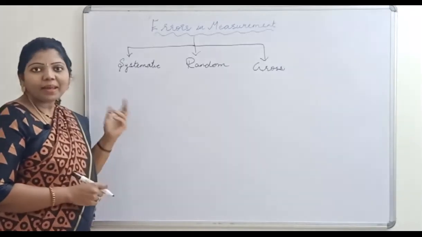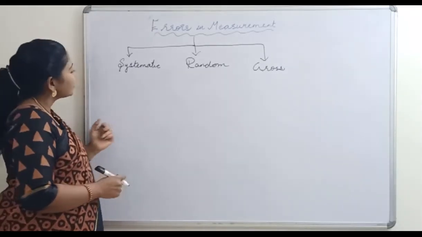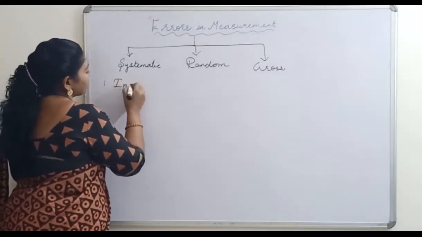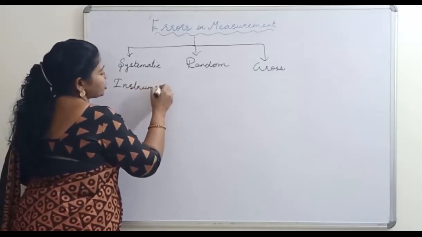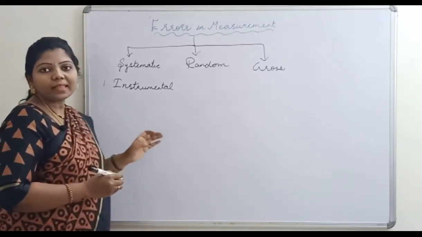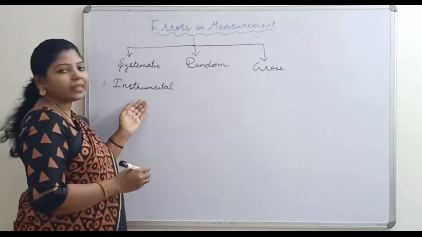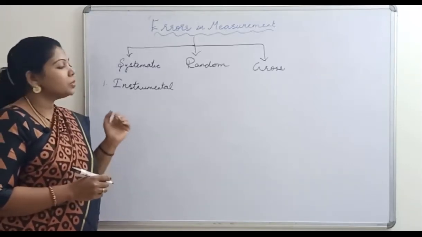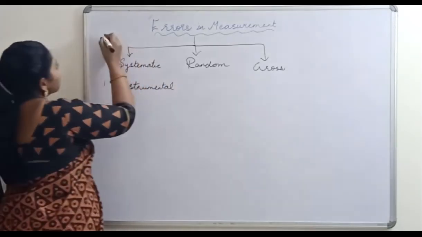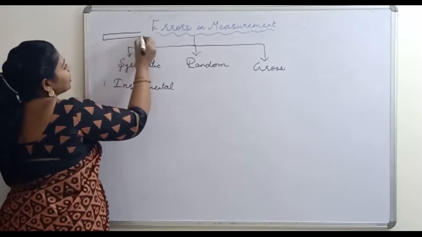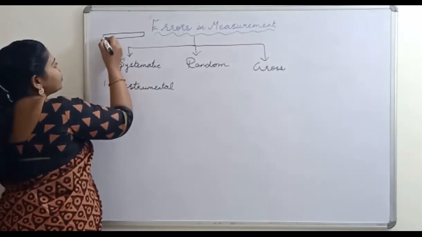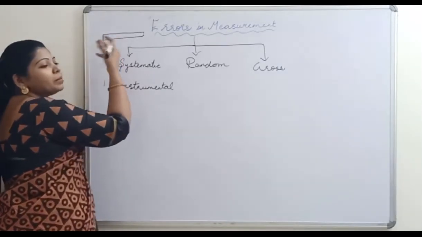In systematic errors, there are several categories. First one is instrumental error. So what is this instrumental error? Instrumental error is the error which is caused due to the instrument we are using. For example, if you are using a very old meter scale, the zero division might be worn out.